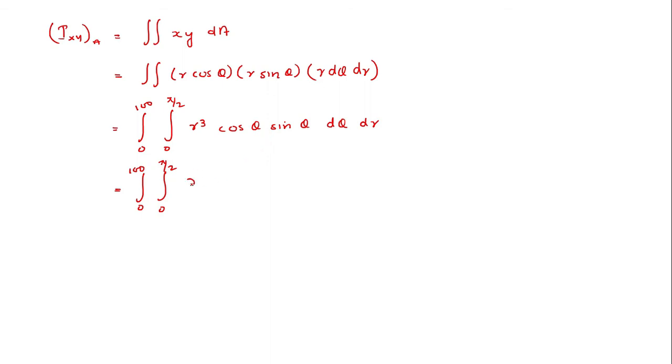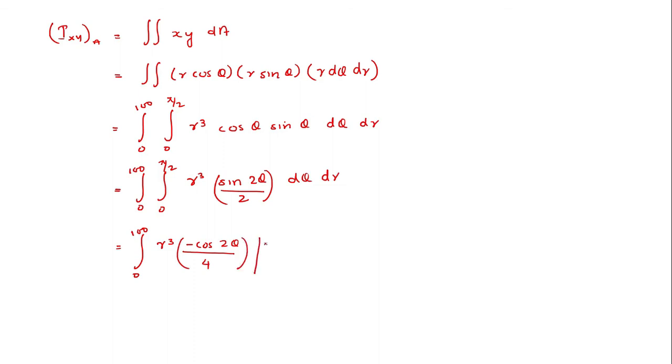So this will give me r cube into sin 2 theta whole divided by 2 into d theta into dr. Integrating with respect to theta, I would get r cube into minus cos 2 theta divided by 2 into 2, which will give me 4, varying from theta equals 0 to pi by 2 into dr.